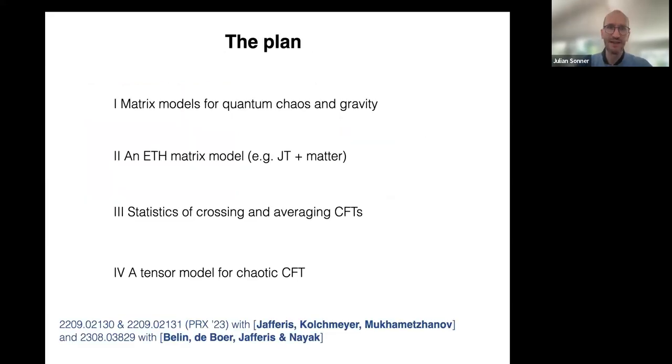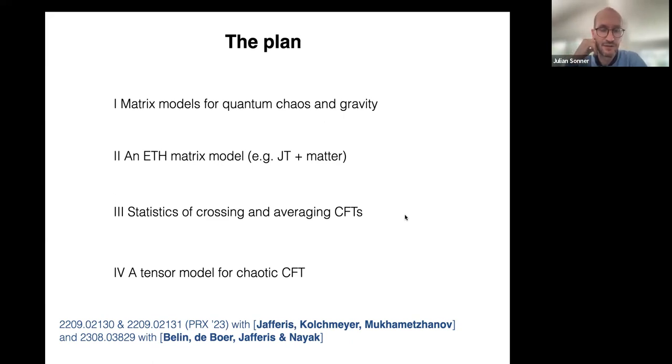But as I said, there will be much more specific things that I want to discuss. And those are based on 3 papers mostly, although there will be more papers that I could mention here. The ones that I consider in more detail are ones that I wrote recently with Dan Jafferis, David Kolchmeyer, Baur Mukhametzhanov, Mohamed Sanoff.